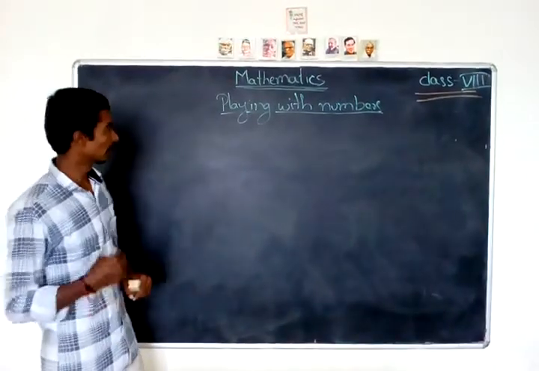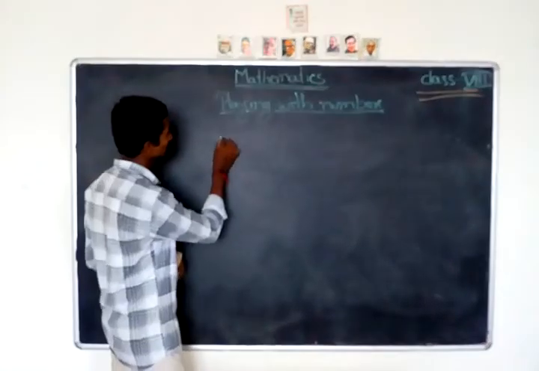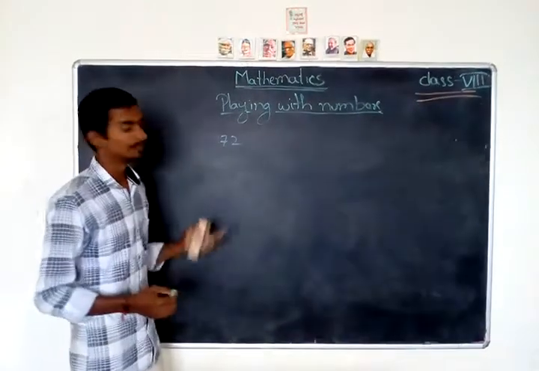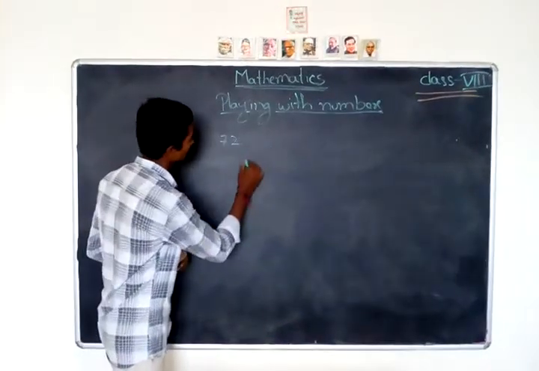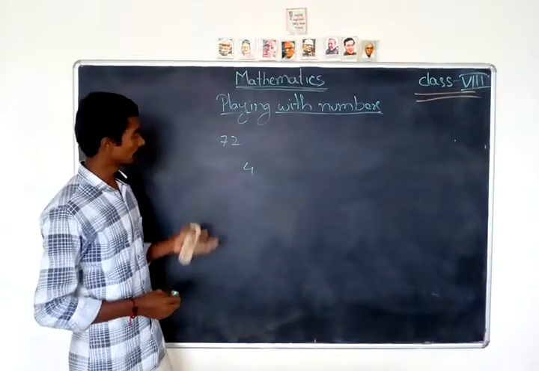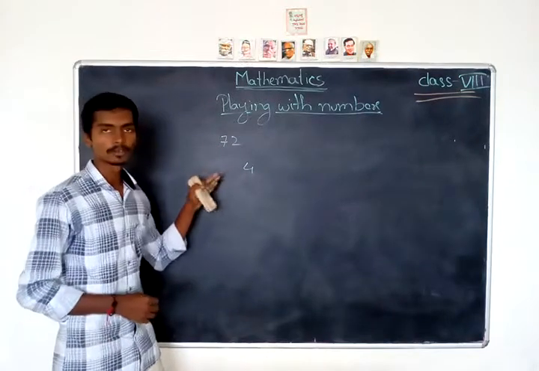Let me take an example and explain. A number, for example, 72 is divisible by 4. How can we say that this number 72 is divisible by 4?